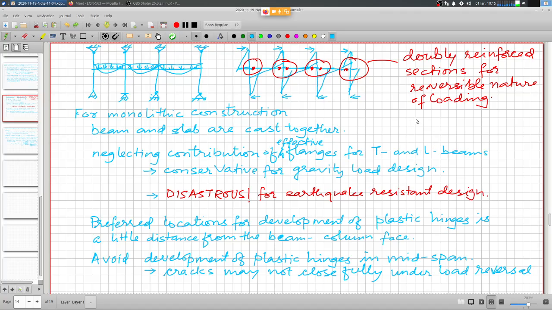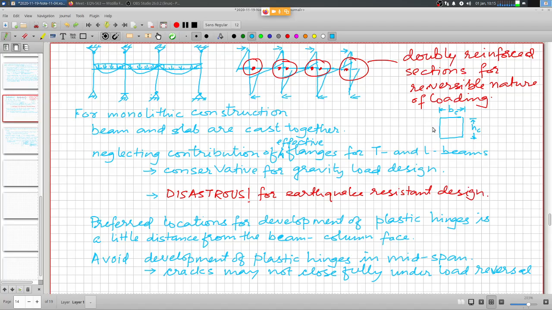So if this is the beam, let's say this is the column section that comes, let's say this is the width of the column, and let us call this h of the column.